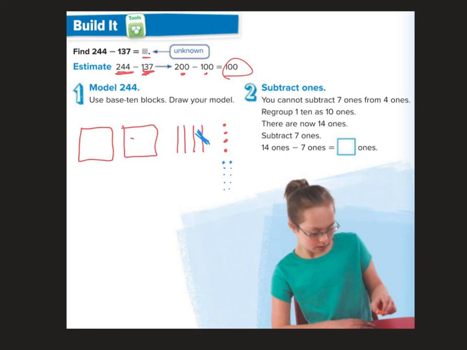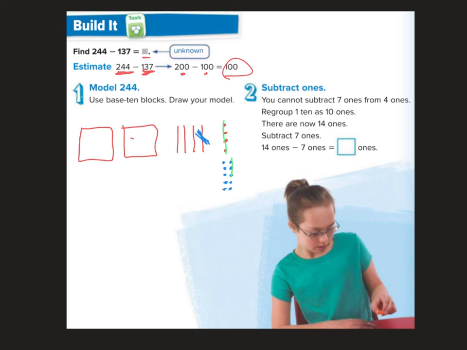So that's what he's going to do. He's going to trade 1 ten for 10 ones. Okay, now can I take away 7? Let's see. 1, 2, 3, 4, 5, 6, 7. I can. And I'm left with 7 left over.